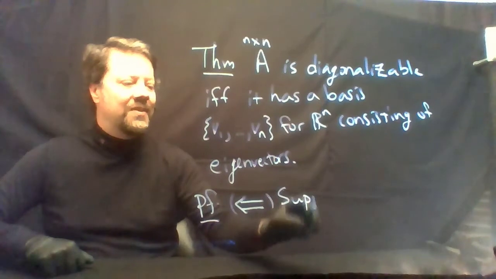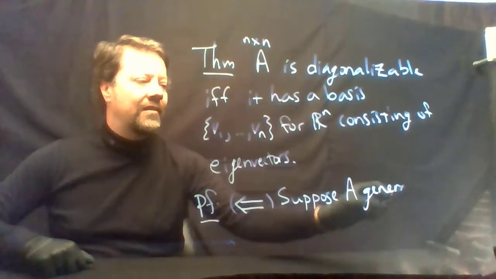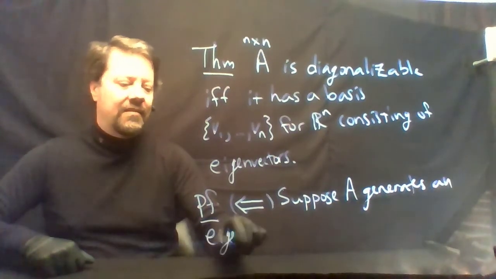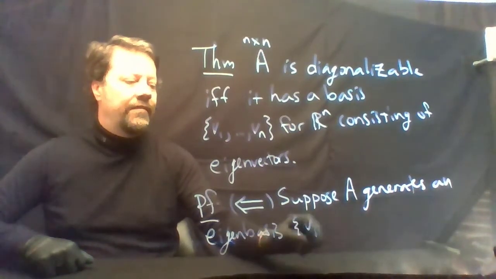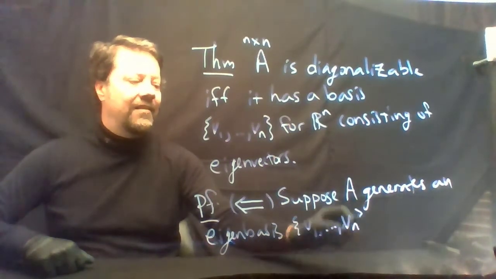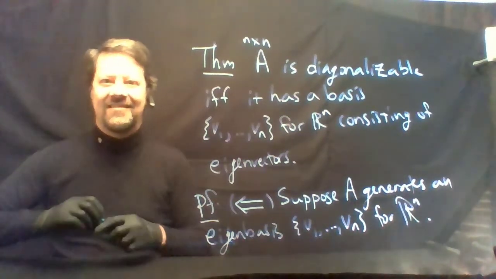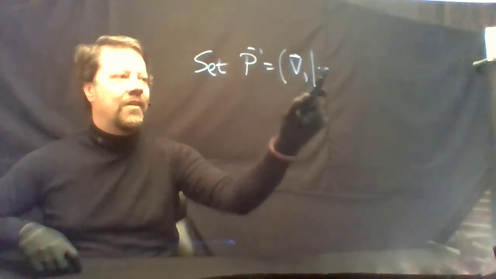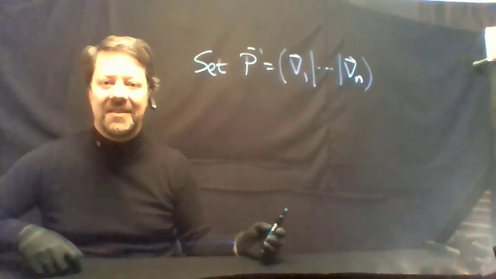So let's suppose A generates an eigenbasis v1 through vn for the vector space Rn. We'll set P inverse to be the matrix with columns equal to these eigenvectors in our eigenbasis.